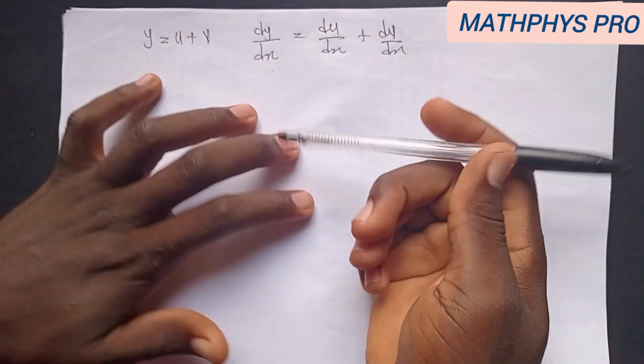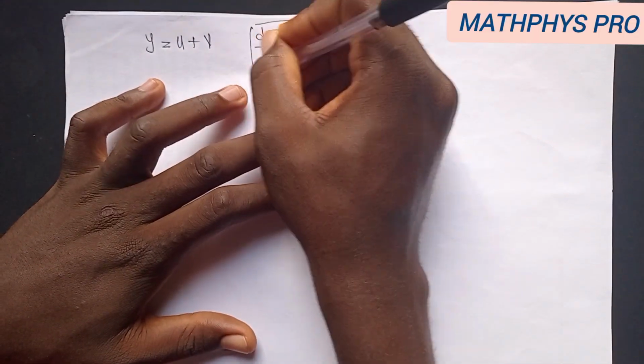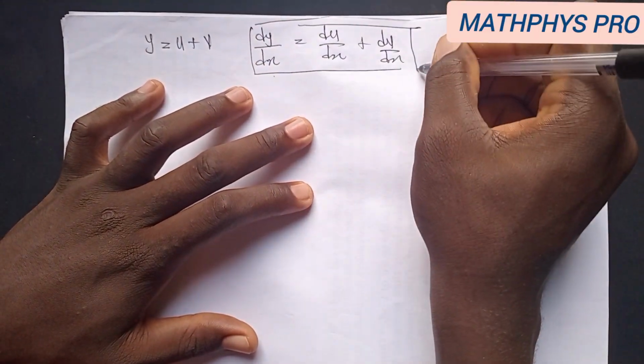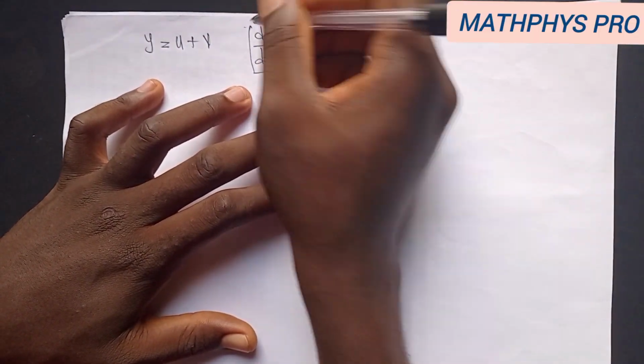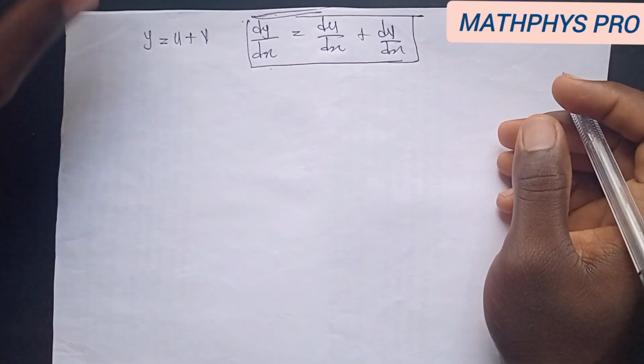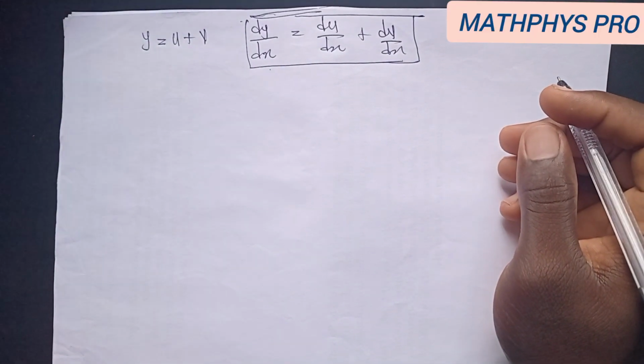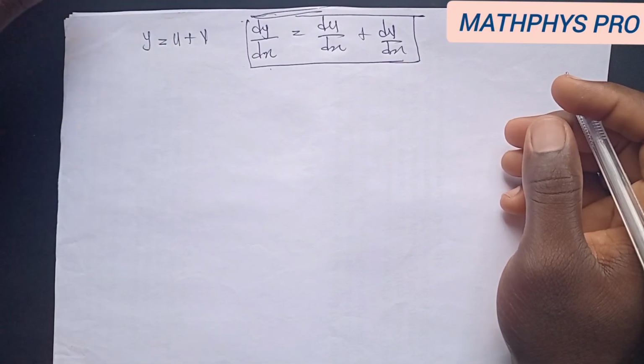So this is the rule for finding the derivative of a sum. Let's try some problems on this and how to apply it.